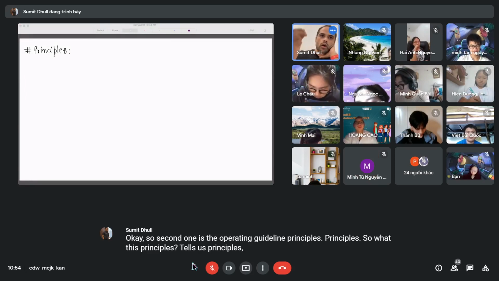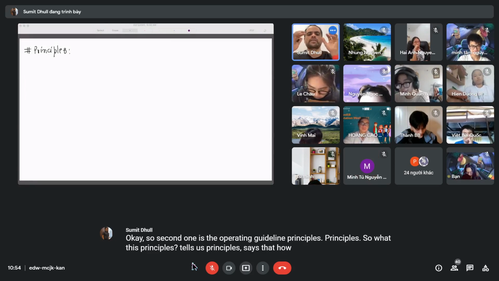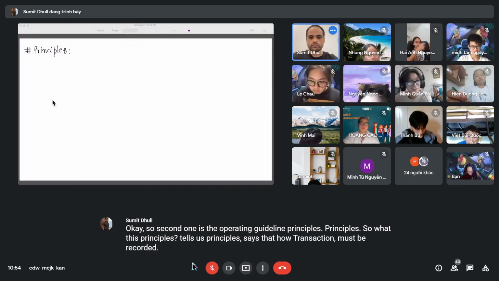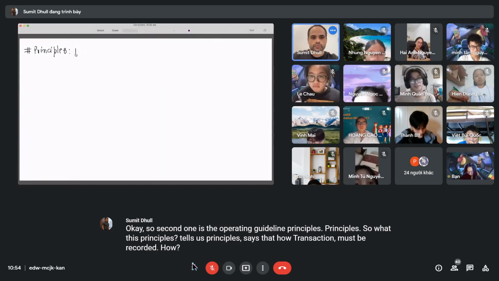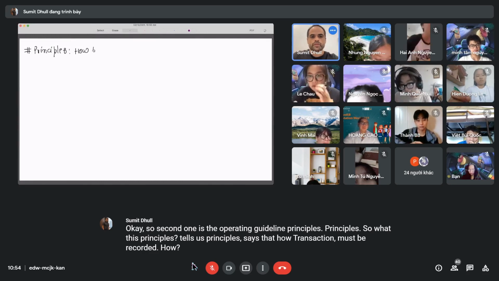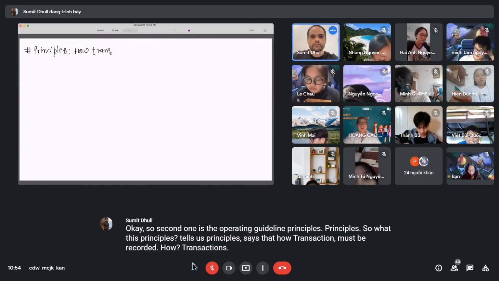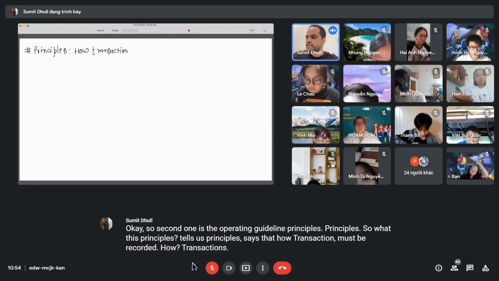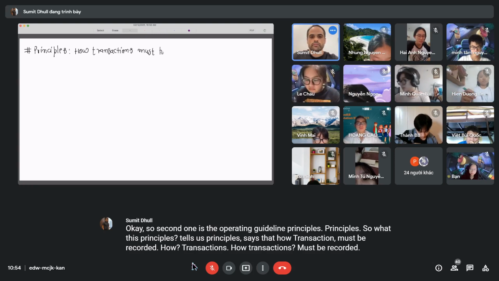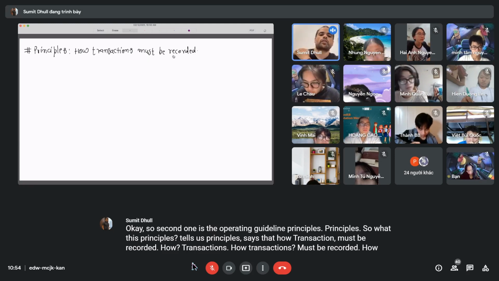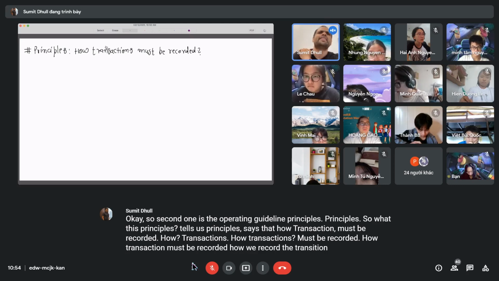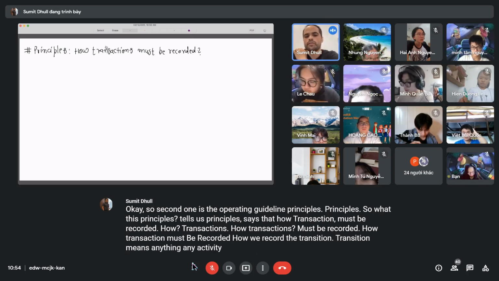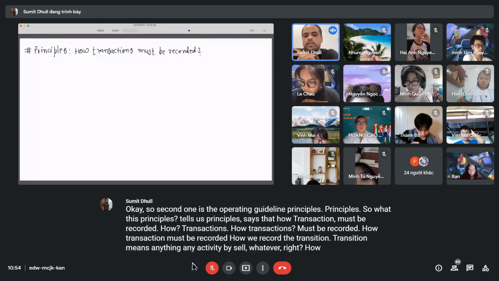Principles say how transactions must be recorded. How we record the transaction. Transaction means any activity: buy, sell, whatever. How must a transaction be recorded?